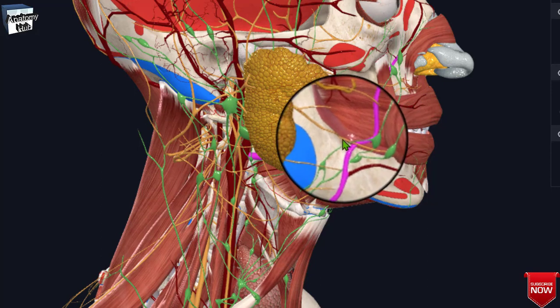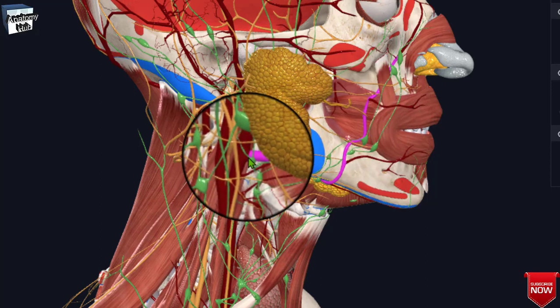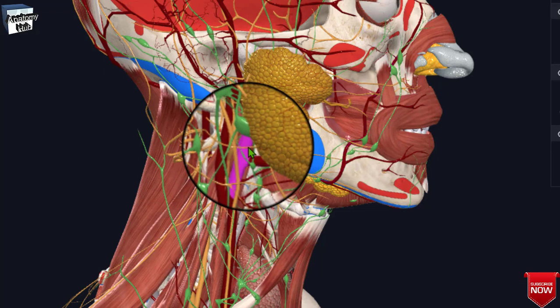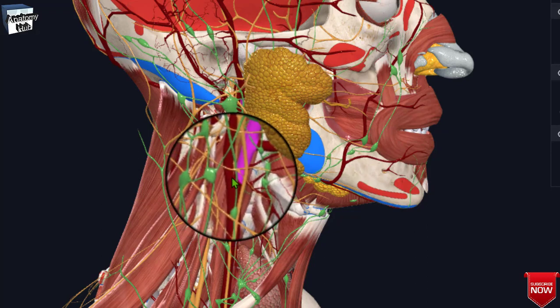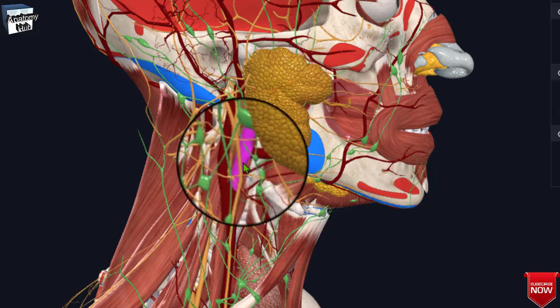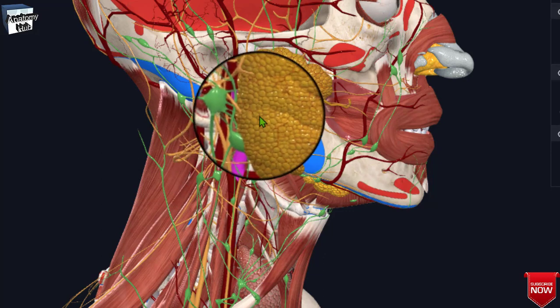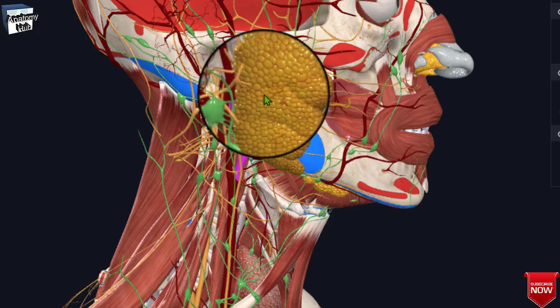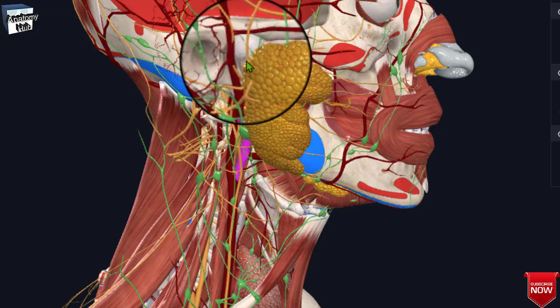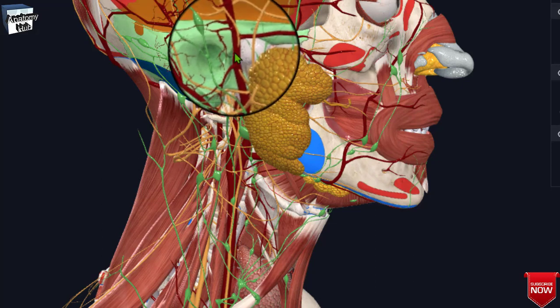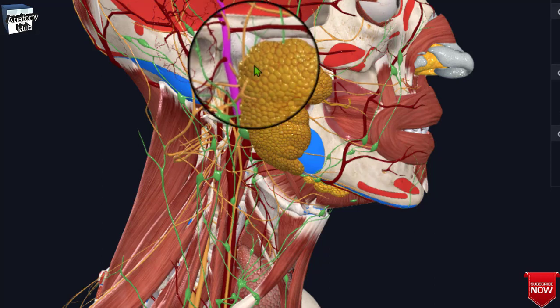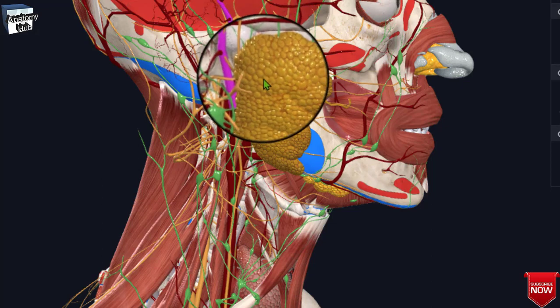The external carotid artery travels parallel to the mandible after leaving the carotid bifurcation that you can observe over here. It continues towards the parotid gland to enter the substance of the organ. Here it gives off the superficial temporal branch and the maxillary branch, which are both terminal branches of the external carotid artery.